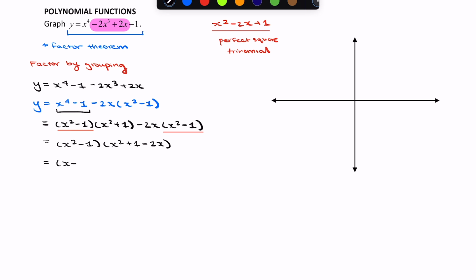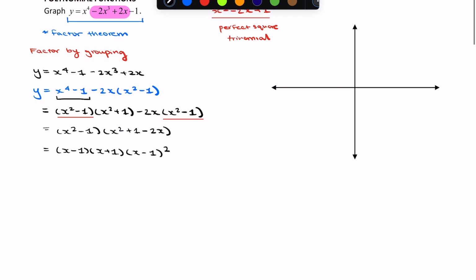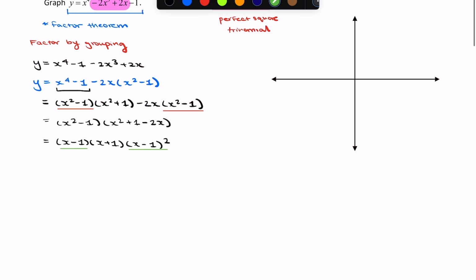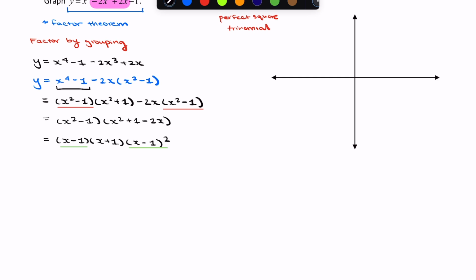So we can rewrite this as x minus 1, x plus 1, and here we would have x minus 1 squared. Here we see that we have x minus 1 and x minus 1 squared, so we can combine that to be equal to x minus 1 cubed, and we also have x plus 1.